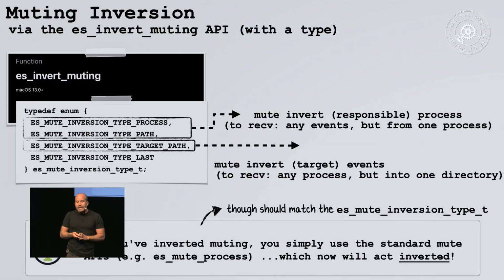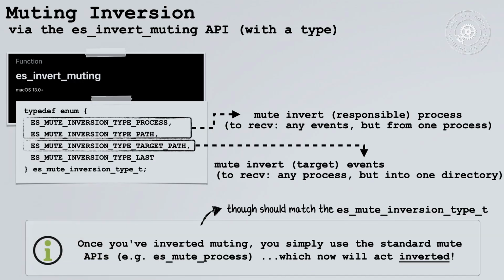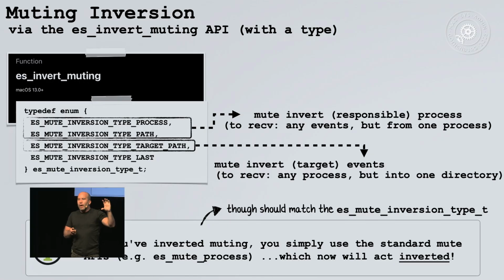So how do we actually implement mute inversion? Well, the first thing we want to do is call the ESInvertMuting API. And the reason is Apple made a pretty smart decision. They said, we already have all these muting APIs, so instead of writing brand new ones to handle mute inversion, why don't we just add one API that flips muting to invert it, and then the programmer can invoke the same muting APIs, but now they will be inverted.